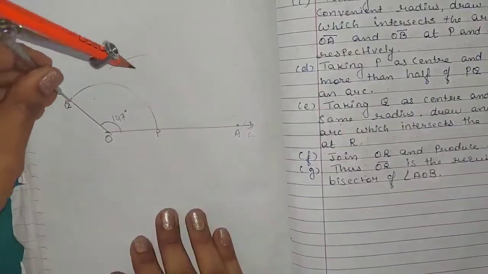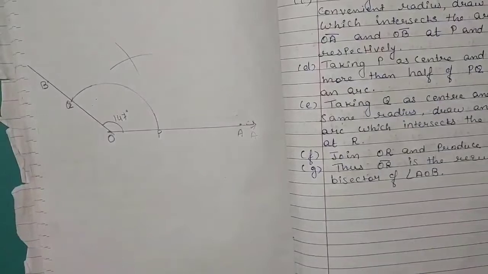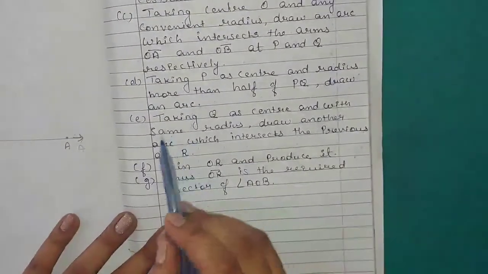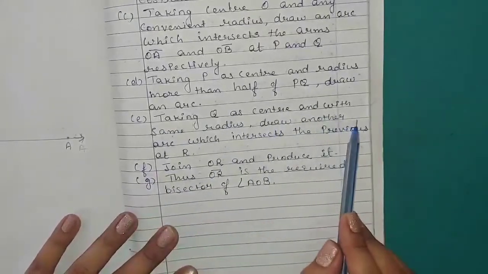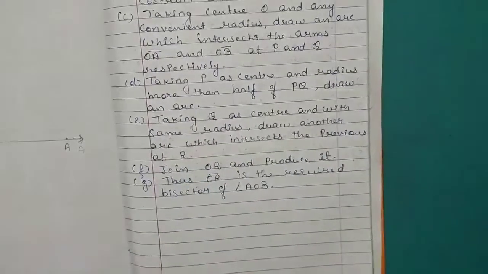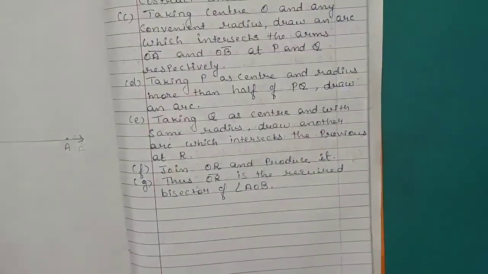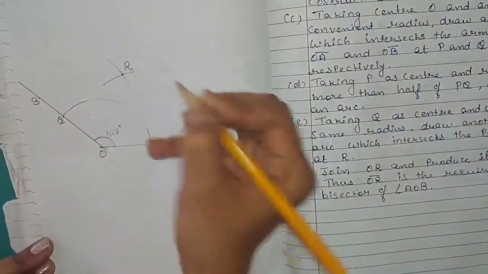Taking Q as a center, let us draw another arc. Now students, let us see the next step. Taking Q as center and with the same radius, draw another arc which intersects the previous arc at R. So this arc intersects at R, and we label this intersecting point as R.